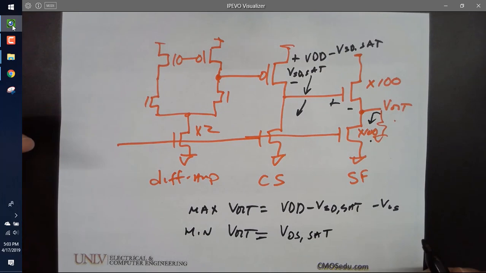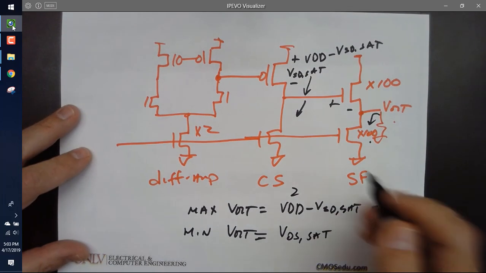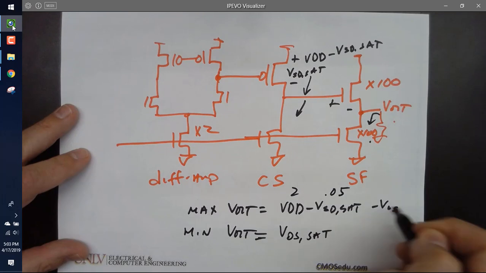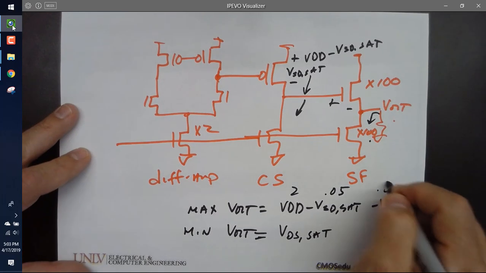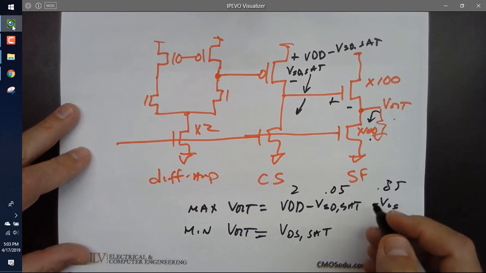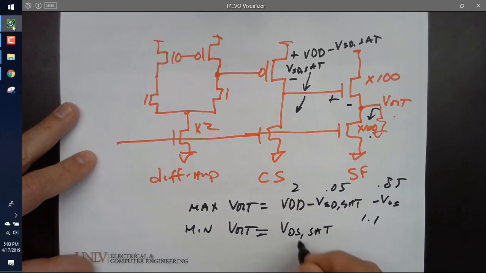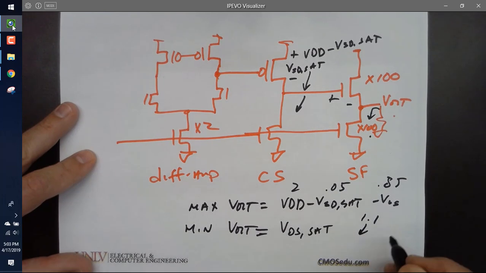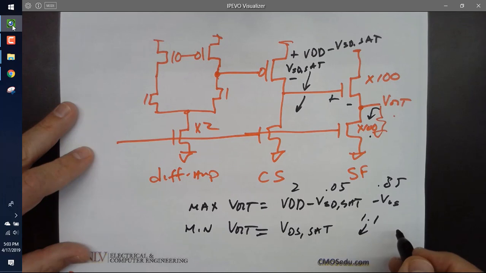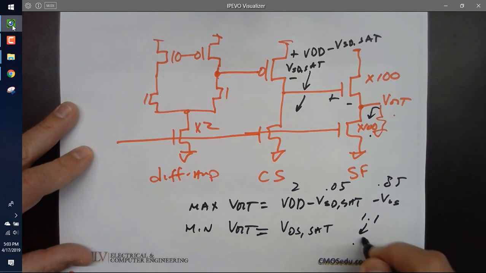So let's throw some numbers in. If I have a 2 volt VDD, so this would be 2, let's just say VDS sat is 50 millivolts and VGS is 0.85. So what's the max output that I could have? 1.1, right? And then here, what would be the minimum output? 0.05.